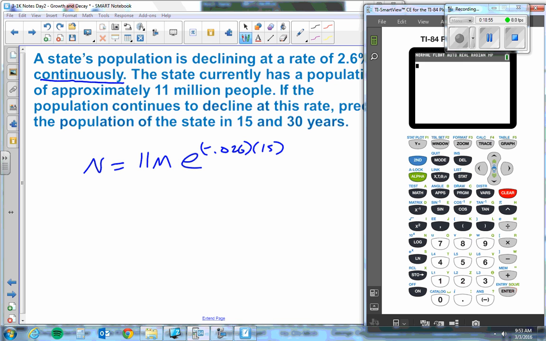And so let's type that in. E to the power of negative point. Right?